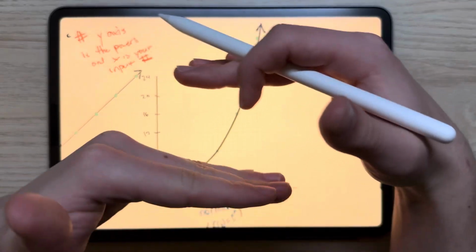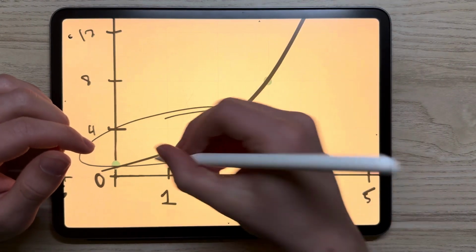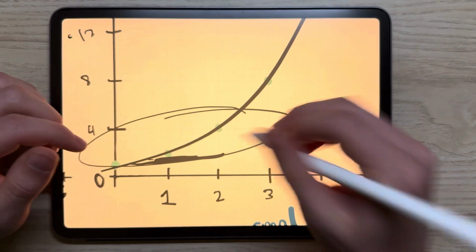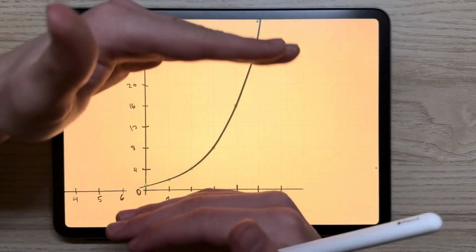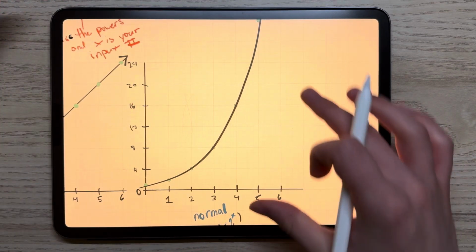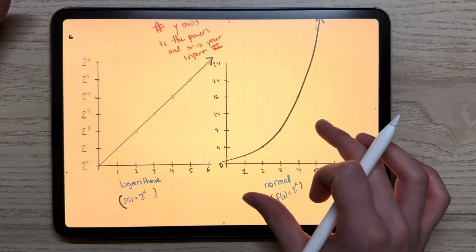And if you were to shrink it down, then all the numbers right here would be just so close together, almost like a flat line, because if you wanted to make everything fit, you had to squash everything. So the solution is a logarithmically scaled graph.